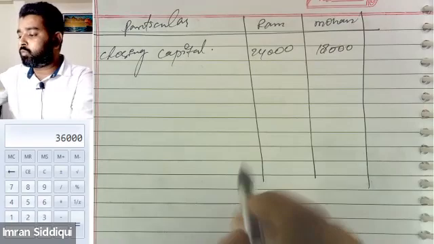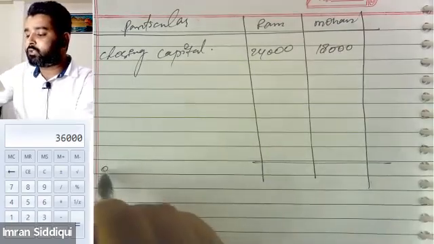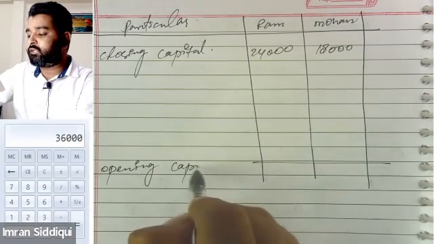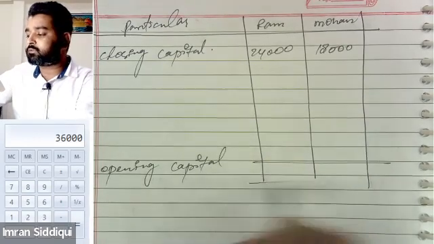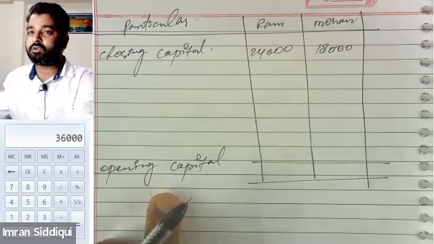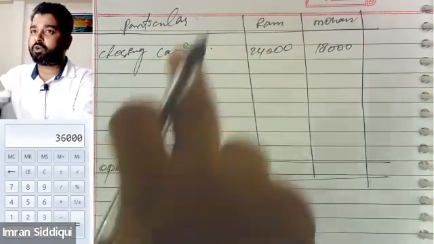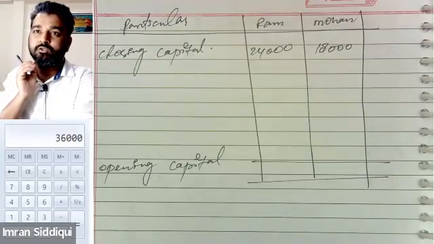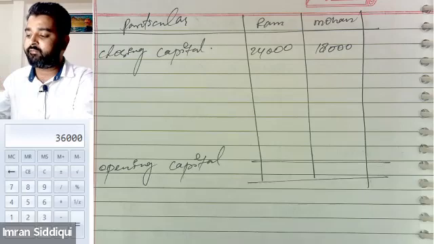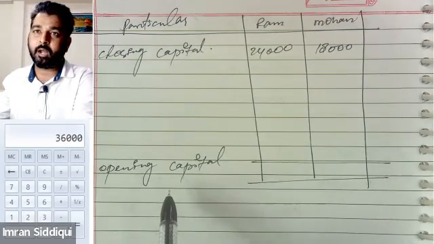Okay, now what do we need to do? We need to find out the opening capital balance. Why do we need to find out the opening capital balance? Because interest on capital will always be calculated on the opening capital balance, not on the closing capital balance. So you need to understand how we can reach the opening capital.